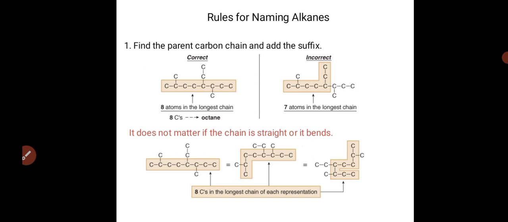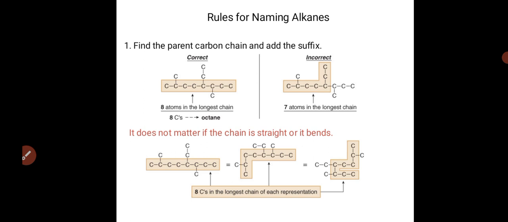So whenever you are given a compound, always count it in different directions so as to know which chain direction has the longest carbon chain. And it doesn't matter if the chain is straight or it bends. I did this last time. Then look at another one. You see that the longest carbon chain is 8 carbons.